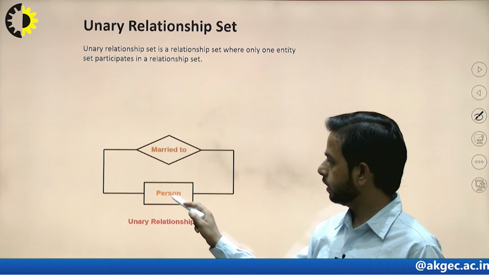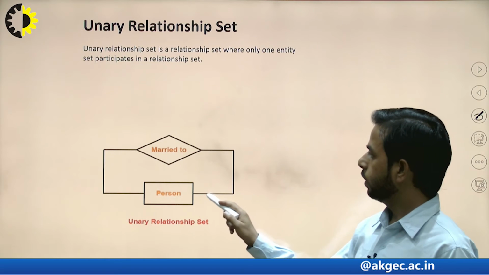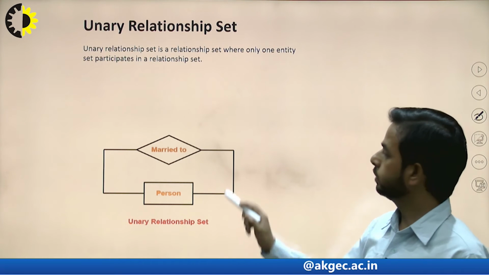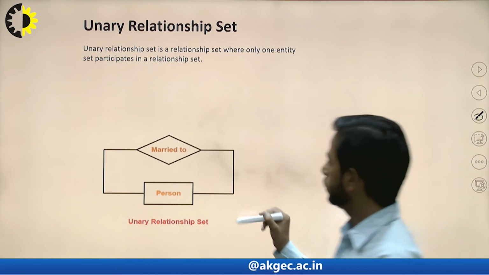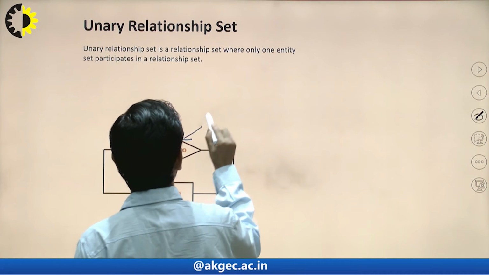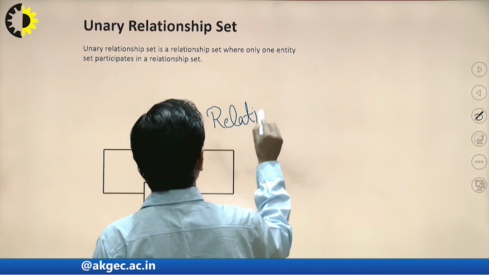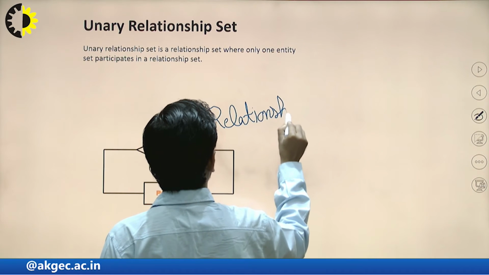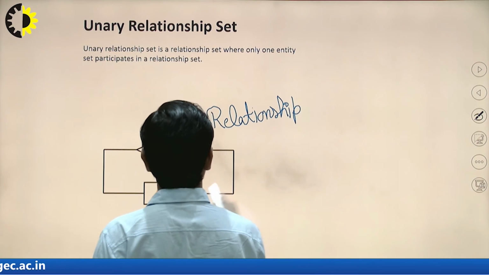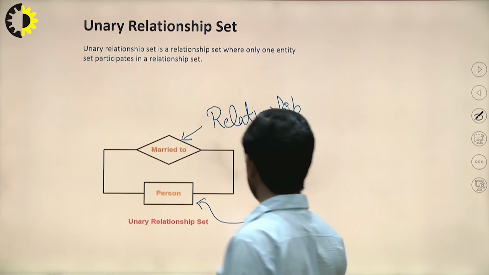There is an entity set person who is related to itself with a relationship. So this married to is the relationship and this person is the entity set.